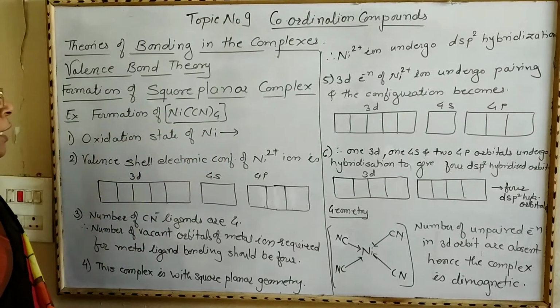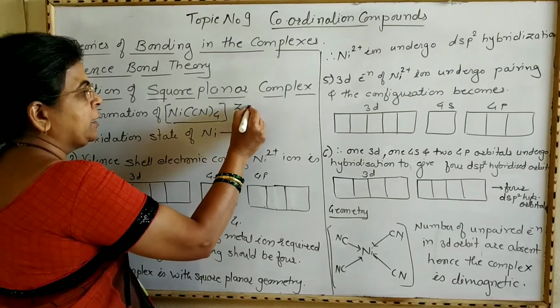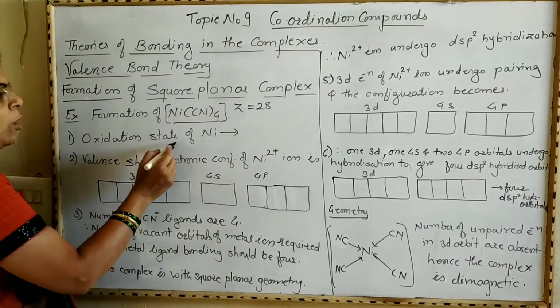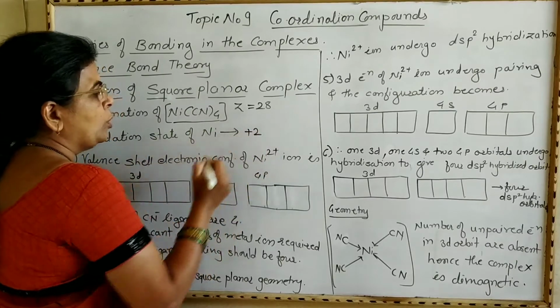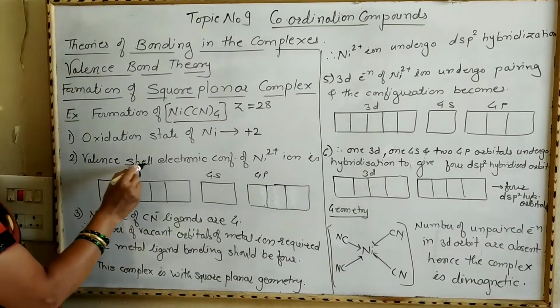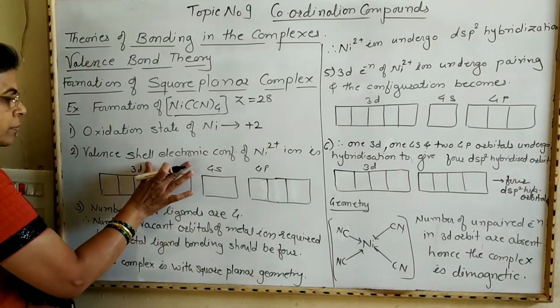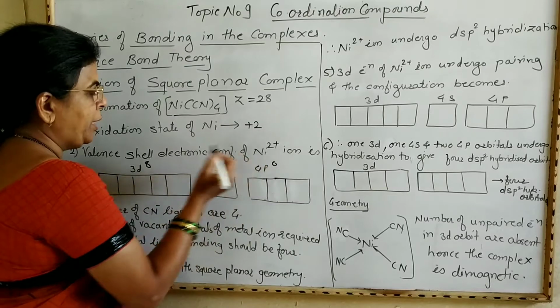Now in this complex, the atomic number of Ni is 28 and the oxidation state of this Ni in this complex is +2. Here, valence shell electronic configuration of Ni2+ ion is 3d8, 4s0 and 4p0.